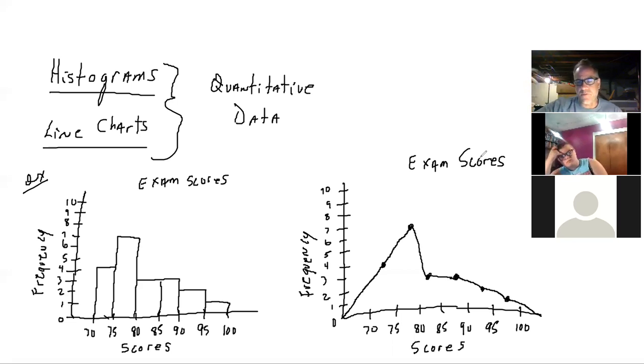And you can kind of see the drop off. And we'll be able to also look at what we're going to call skewness. That is SKEW, which will be our next topic when we are talking about distribution of data. You can visually see it on either of the 2 graphs. And again, this was a histogram, and this was a line chart.